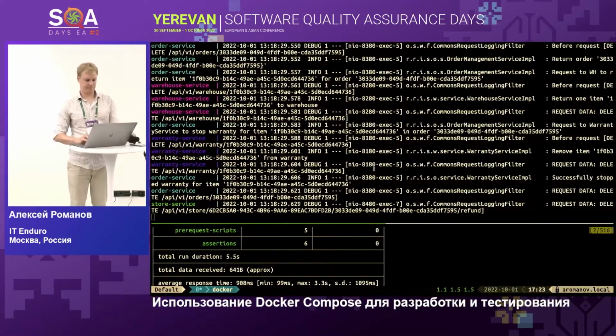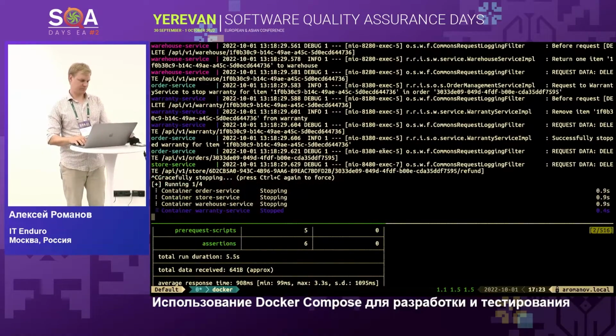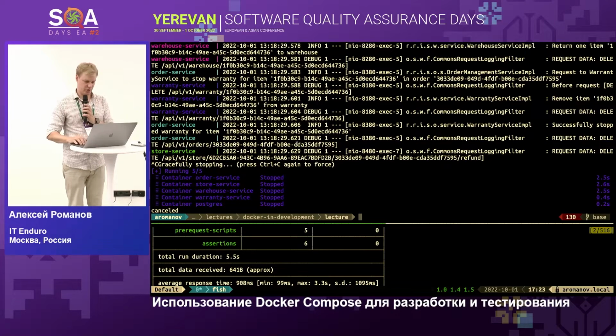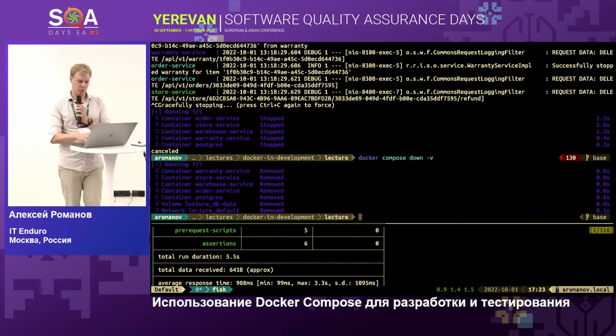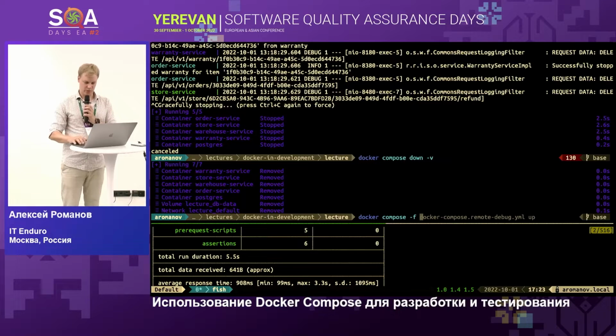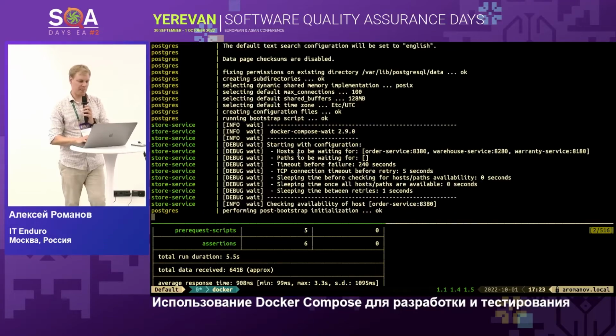So we'll run it and we'll see how it looks. We stop our existing containers, clean them up with Docker down, and launch our Docker Compose wait, and start it.